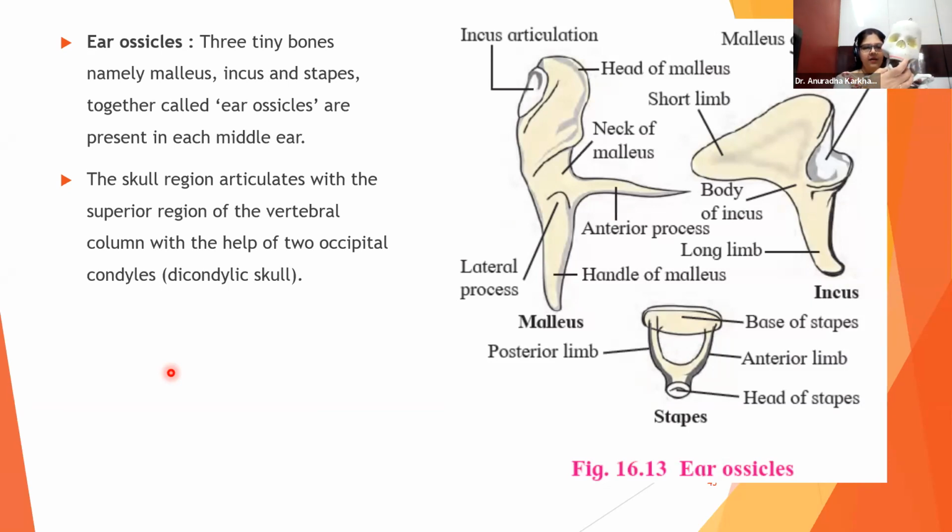Left, right, down, up, this we call articulation. Got it? Right? So this skull region articulates with the superior region of the vertebral column with the help of 2 occipital condyles for movement. With their help only it will move. Theek hai? Got it? All of you? Any difficulty? Any doubt till now?